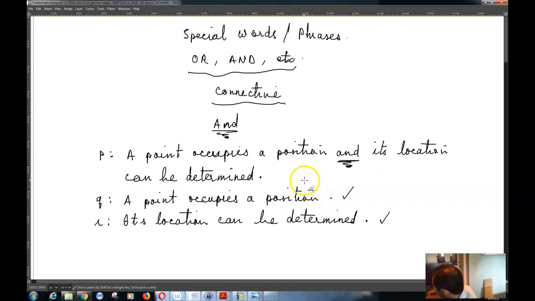Let us look at another statement. Here you need to pay attention to the fact that both of these statements are true and the connective used is and.